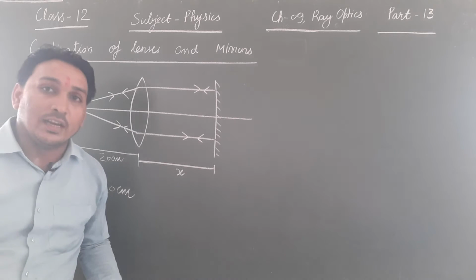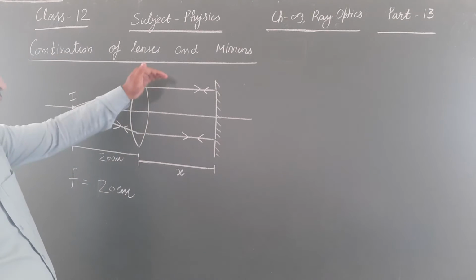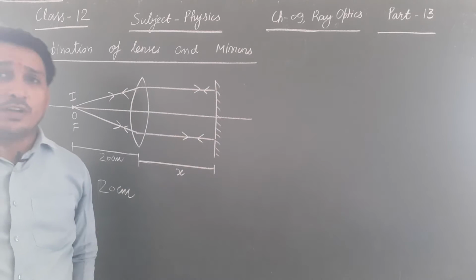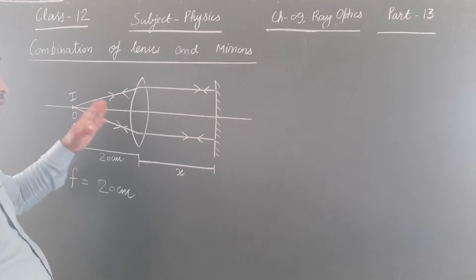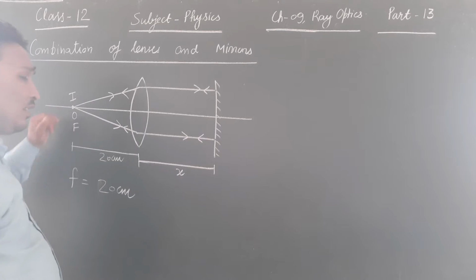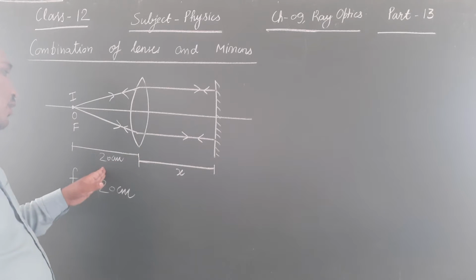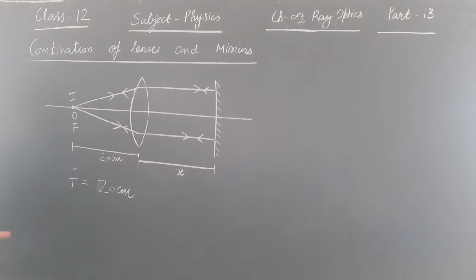So the rays are parallel here, and that's why the ray falls on the mirror normally, retraces its path, and they intersect each other at the point O itself, and the image is formed there only. Since the object distance was given as 20 centimeter, and from this analysis we know that the object is placed at the focus, the focal length will be 20 centimeter.